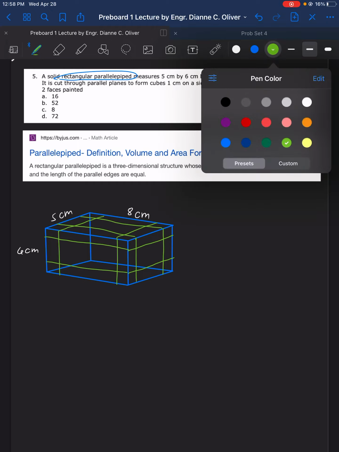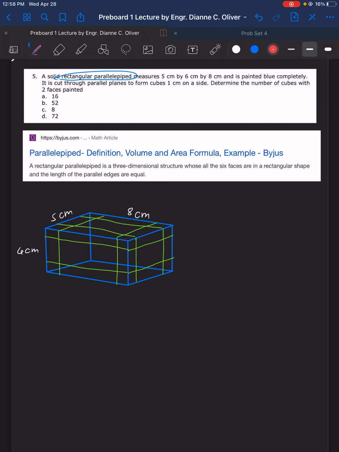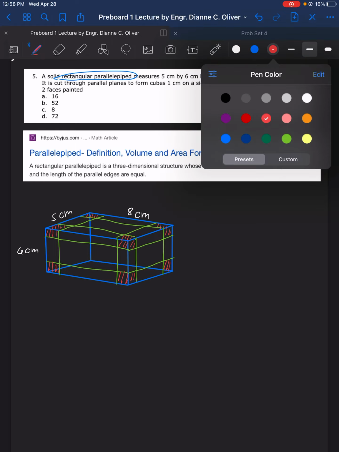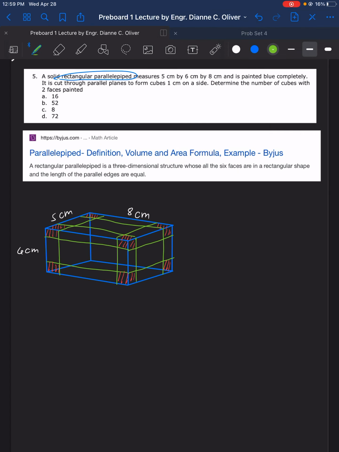The corner cubes here, these are removed. So what's left now, where we can locate the cubes, are on this location.